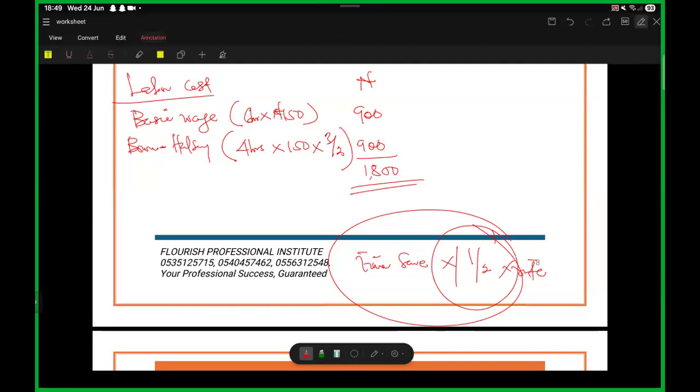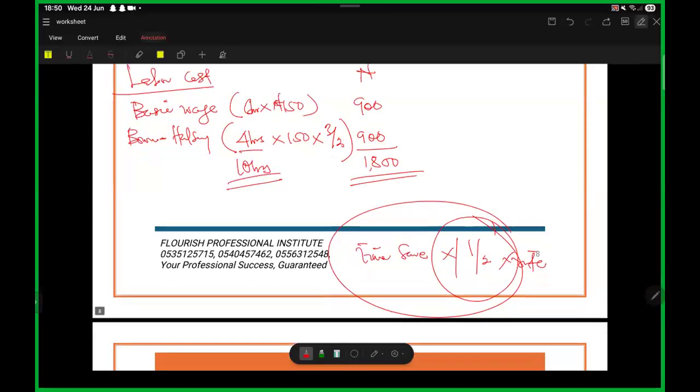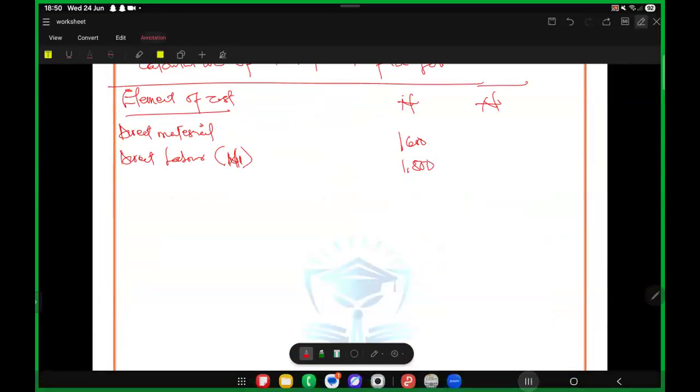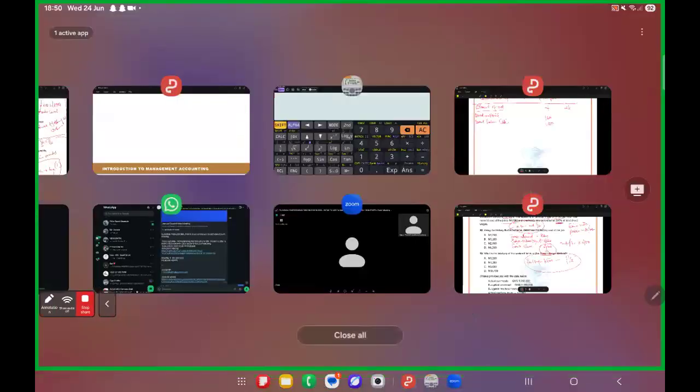So when we add the labor cost, the total labor cost, you are going to pay them the basic wage rate and then the bonus, so that the total hours now will be 10 hours as given in the question. Okay. So the labor cost per workings one is given as 1,800. We'll check whether there is a direct expense in the question. From the question, there was no direct expense.